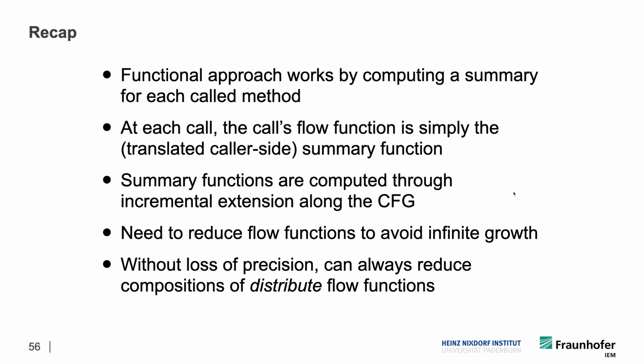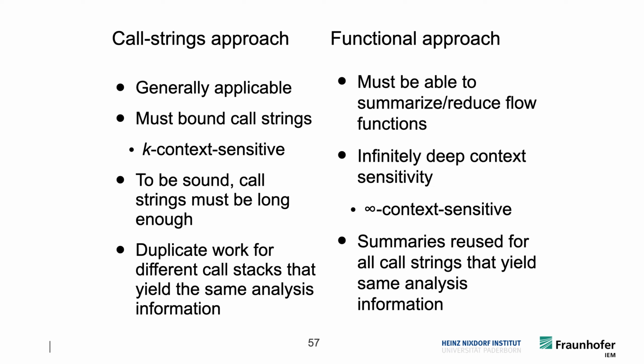But without loss of precision, we can always reduce compositions and meets of distributive flow functions, right? So if we have that property, then you get this guarantee, and then the functional approach is applicable. If we contrast that again with the call strings approach, then we see the following trade-offs. The call strings approach is really generally applicable.